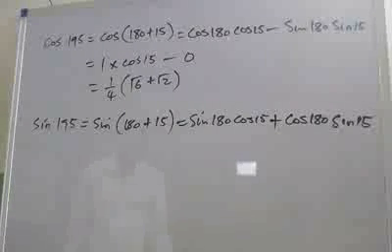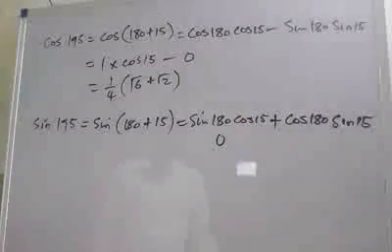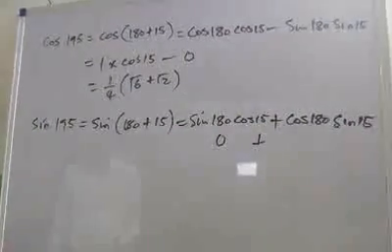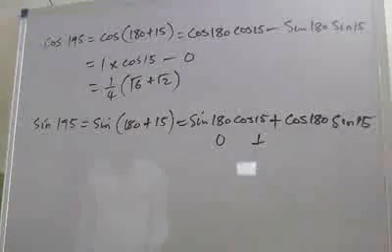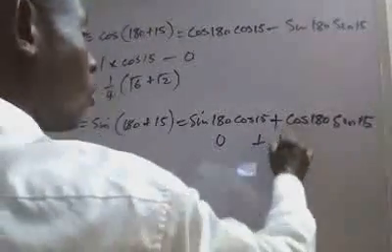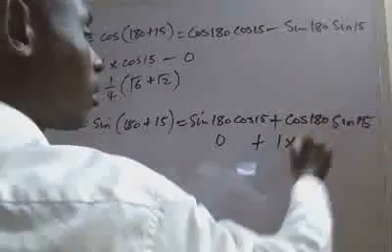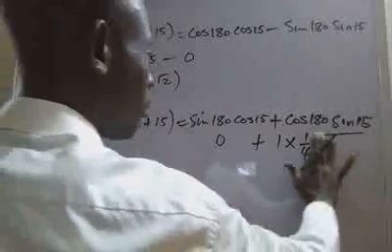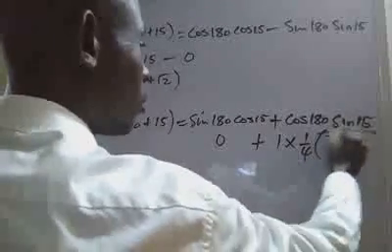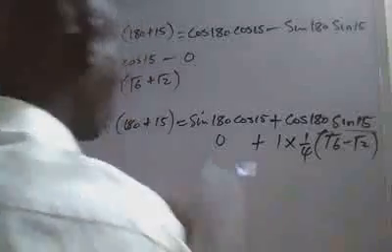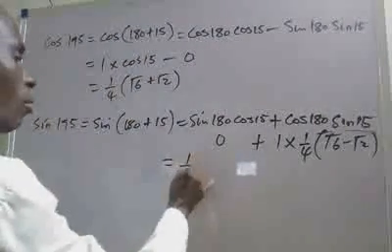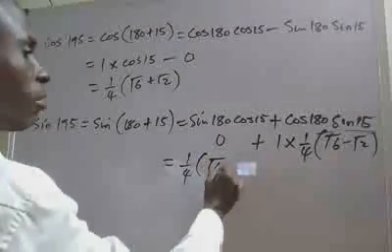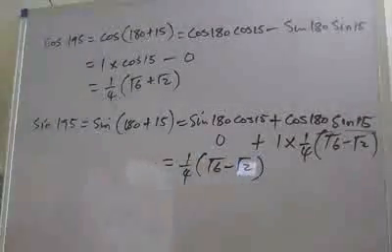Sine 180 is 0, so this part is 0. Plus cos 180 times sine 15, which is 1 over 4 bracket root 6 minus root 2. So our final answer is 1 over 4 bracket root 6 minus root 2.